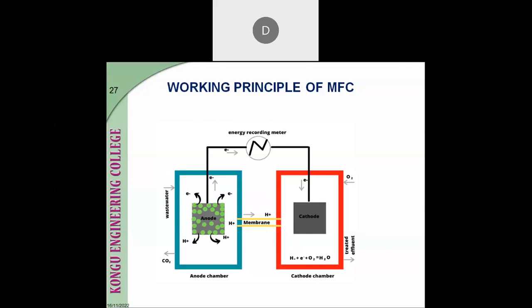Also a salt bridge is used, which is also low cost. We can use heated glass tubes, spin them into a U shape, make some salt solutions, and make the salt bridge. Or you can use the proton exchange membrane, the PE membrane, and prepare the MFC.